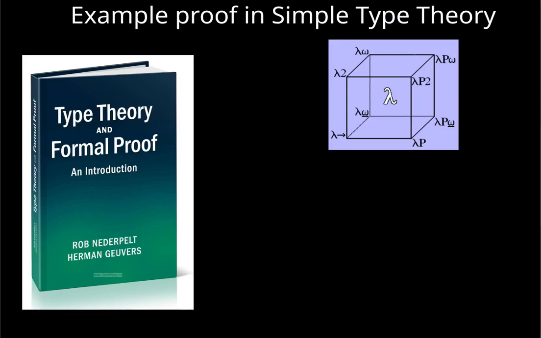Wait, let's see. Yeah, let's try this. So this lambda arrow thing, this is the simple type theory, and it will later be expanded in every direction. So this is lambda P, for example, a type theory that expands simple type theory in a certain way, and so is this one, and so is this one. But I won't get into those in this video because we're starting off basic.